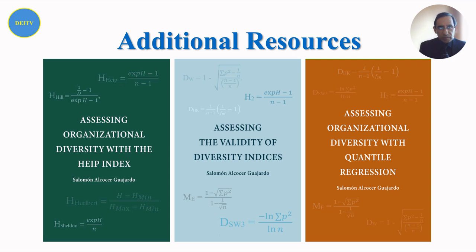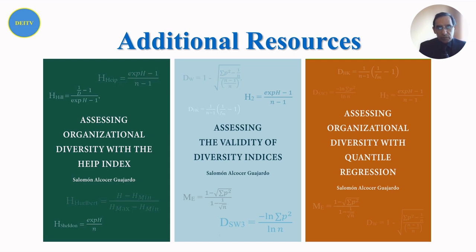A second source that you can use is assessing the validity of diversity indices. Again, this covers the Simpson index, Smith and Wilson index, the McIntosh index, and also covers the Hurlbert logarithm-based index.